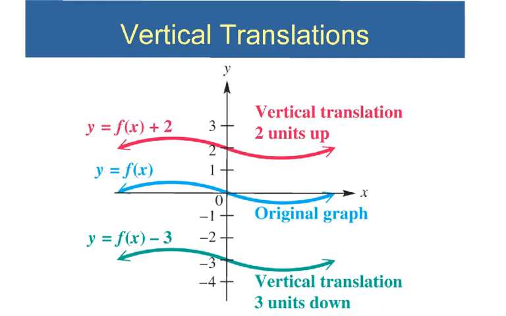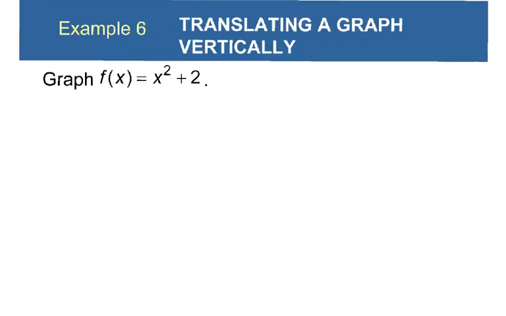So here's a little pictorial representation of it. You have an original graph that's down here. And if we add a value of 2 to that graph, it shifts upward. And if we subtract a value like 3 here, it shifts down 3. Okay? So that's what a vertical translation does.